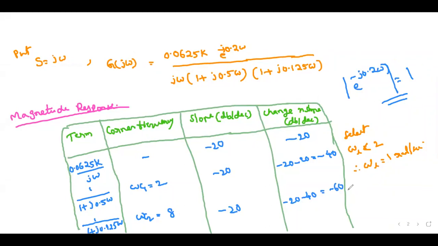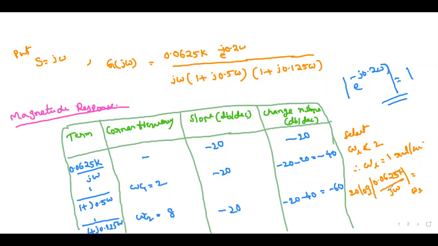Next, the first term magnitude. Therefore, 20 log of the first term, 0.0625 k by j omega, at omega L. Please substitute and calculate.